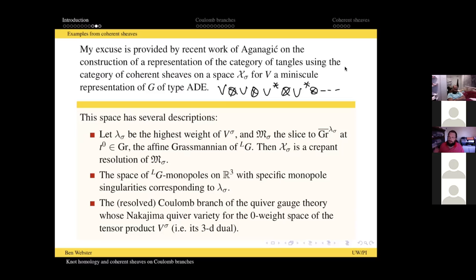And the thing you should do is look at the 3D gauge theory corresponding to that representation and group, the 3D gauge theory whose Higgs branch is that Nakajima quiver variety, and look at its Coulomb branch instead. So this is, in these fancy terms, the 3D dual, or sometimes I'll say a symplectic dual, of that Nakajima quiver variety.